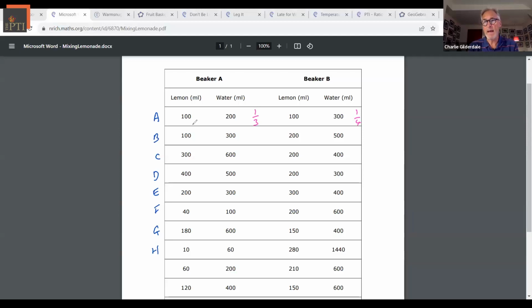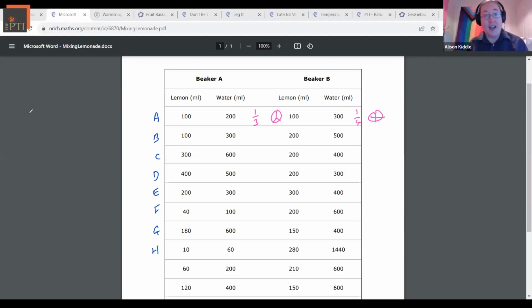And so when you can compare those two fractions, if you can't picture that 1/3 is bigger than a quarter, you might be able to picture that 0.3 recurring is bigger than 0.25. Yeah, I might draw something like that to help people to visualize it.